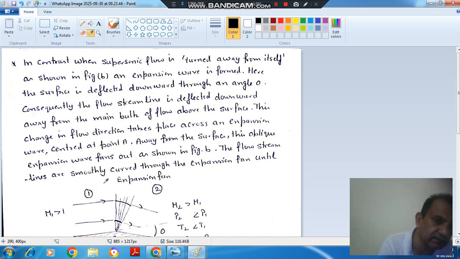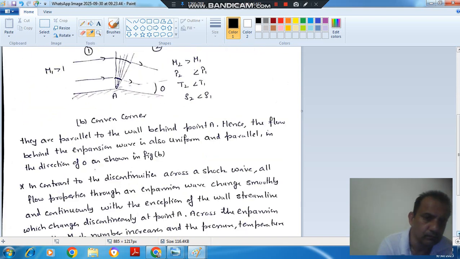The flow streamlines are smoothly curved through the expansion fan until they are parallel to the wall behind point A. So again these are continuously deflected, in spite of the discontinuous deflection in case of oblique shock.